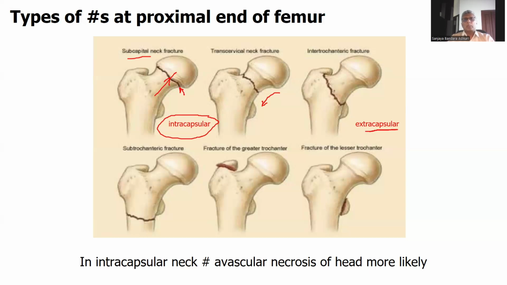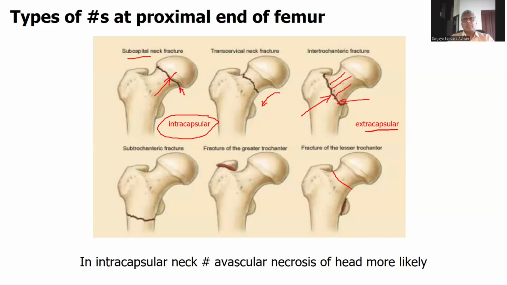And remember another point. Say if the fracture line passes along the intertrochanteric line here, remember that the capsule at the back, posteriorly, falls short of the intertrochanteric crest here. It is attached to the intertrochanteric line in front, so the retinacular vessels start from here and go that way.